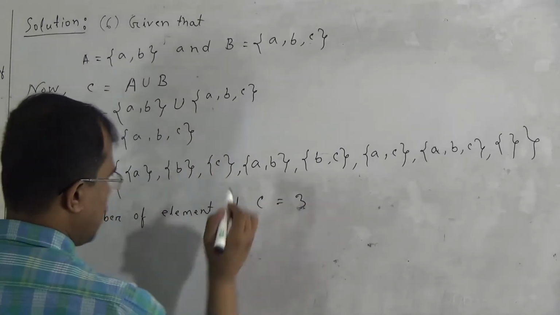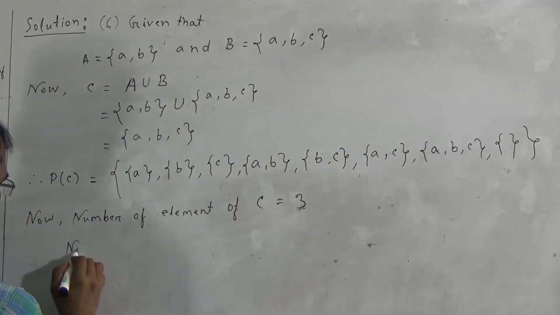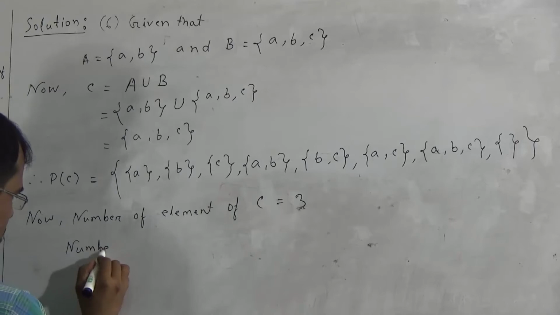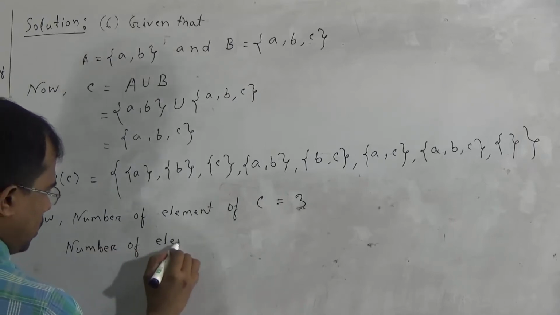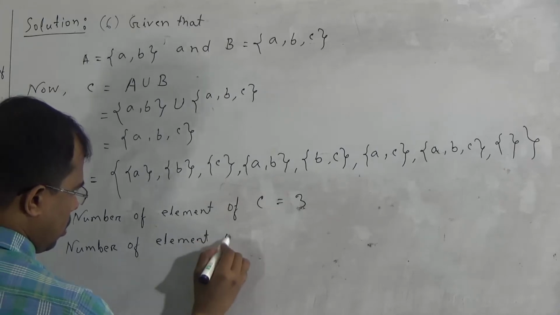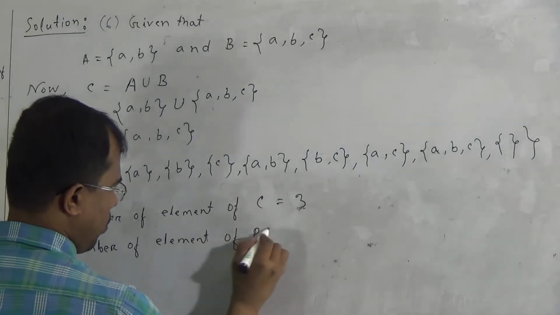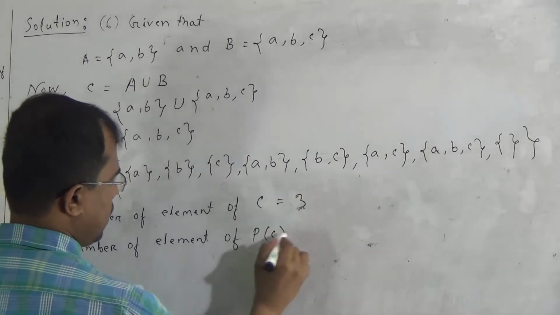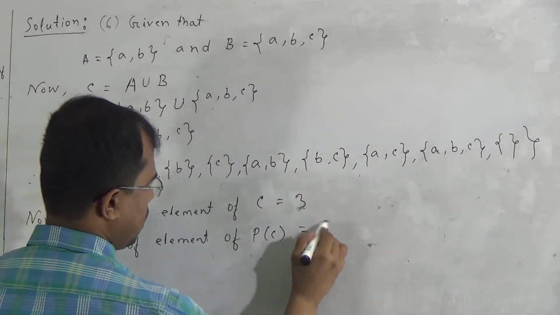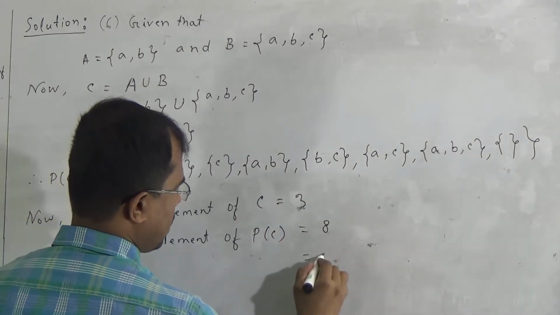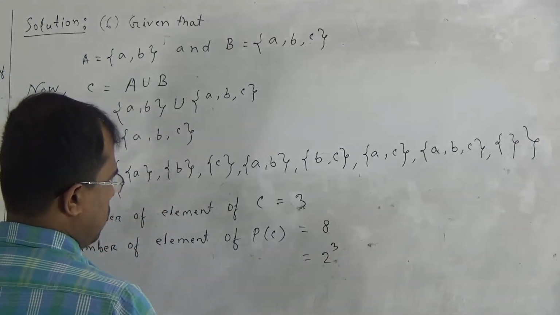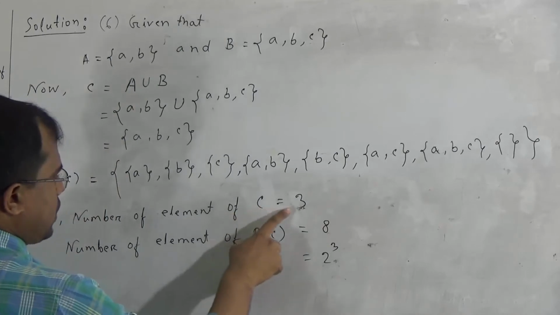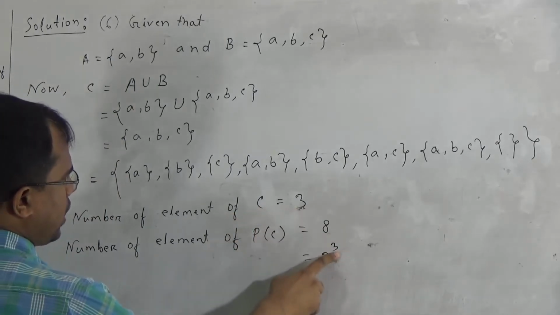The number of elements of the power set of C, we have already counted, and here the number of elements is 8. Now 8 equal to, we can write it as 2 cubed. Here the number of elements of C is 3 and we have got 3 here.